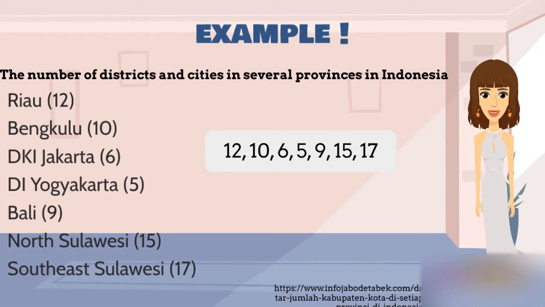From the data, we can write 12, 10, 6, 5, 9, 15, and 17. And this is what we will use to find Q1, Q2, and Q3.